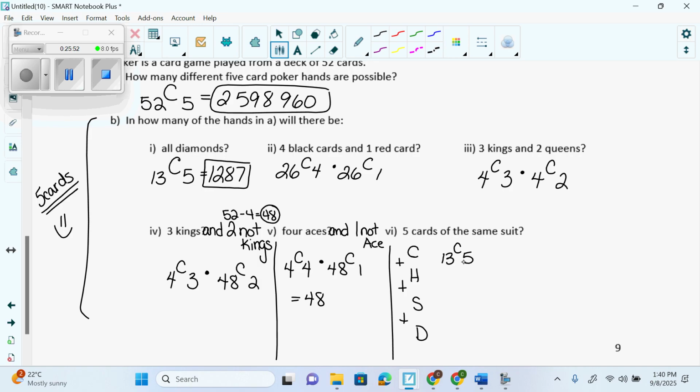If I want 5 hearts, I would go 13C5, and 13C5 for the different suits. So instead of doing that, what might be a faster way? Yeah, 13C5 gets me 1 suit. There just happens to be 4 of them, right? So we could just go 4 times 13C5.